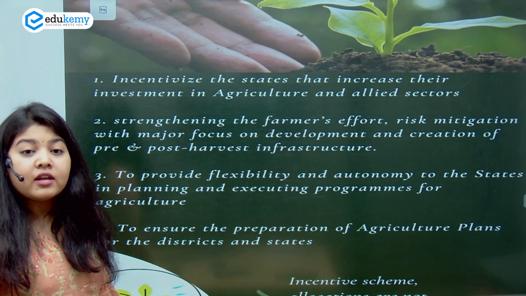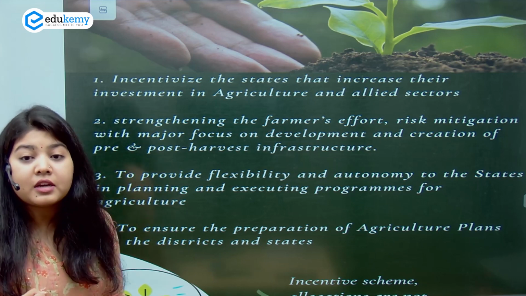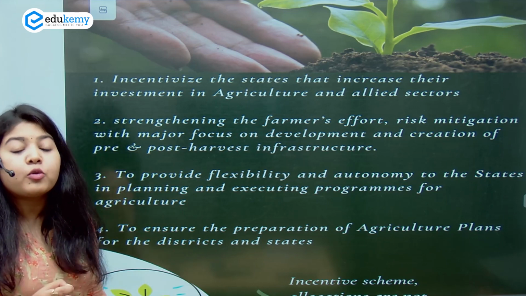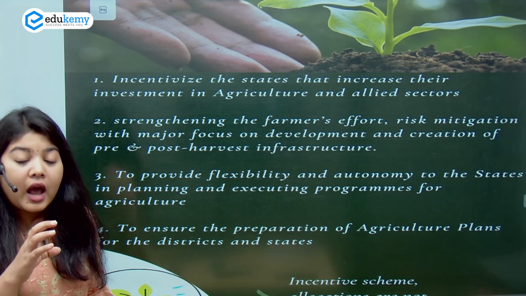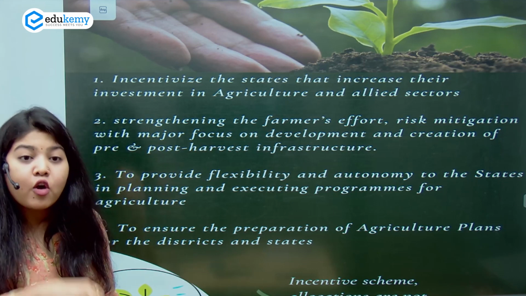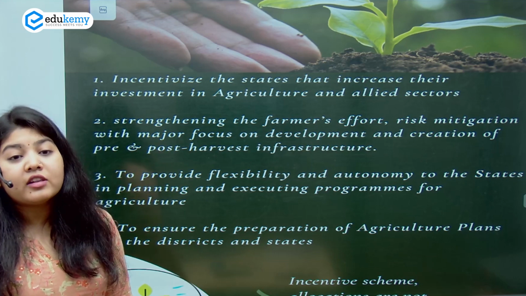Now, along with that, this scheme is providing flexibility and autonomy to the states in planning and executing programs for agriculture, and it also ensures that the states involve the districts in the agricultural planning.